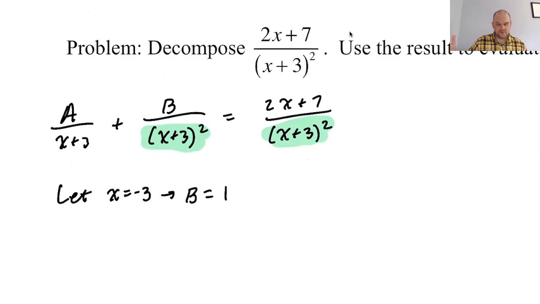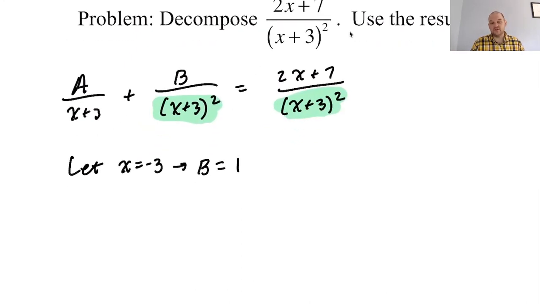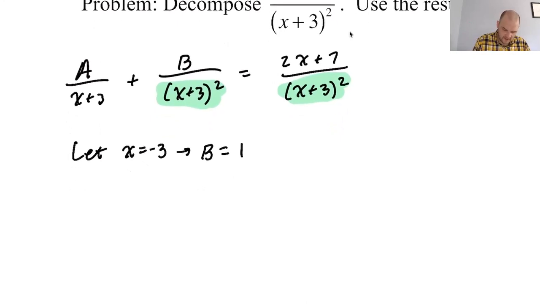Because we have to solve for a and for b. The cover-up method is not going to work to solve for a, but we do know that b is equal to 1. So if I choose another value for x, I should have only one thing I don't know, which would be a. What would be a good choice? I think -2 is a really good choice, because -2 plus 3 is 1, and all those x plus 3's just become 1.